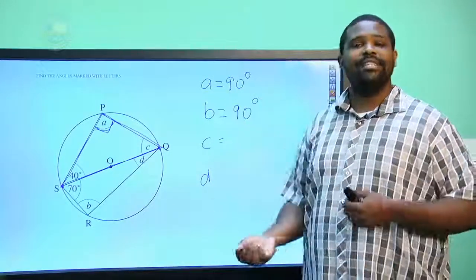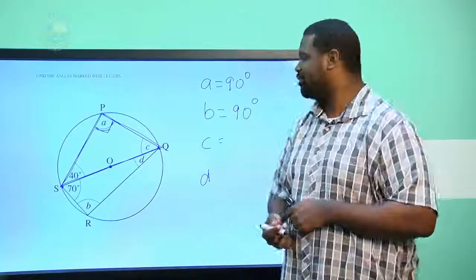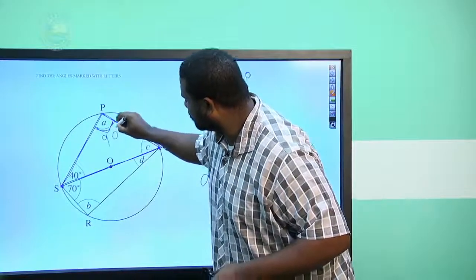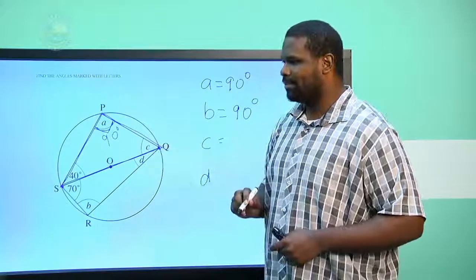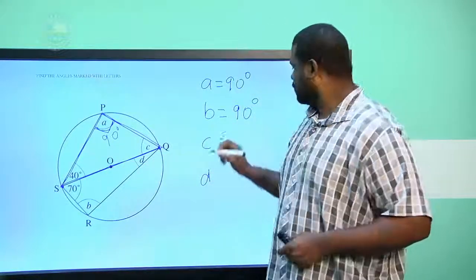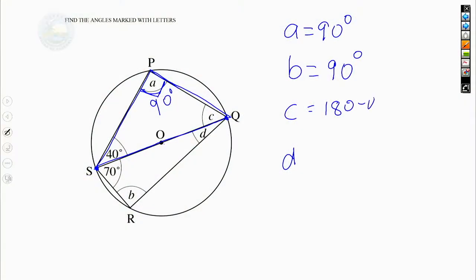And the sum of the interior angles in a triangle is equal to 180 degrees. So if here is 90, and here is 40, it means that this must be 90 plus 40, which is 130. Then we have 180 take away 130, which is 50 degrees.